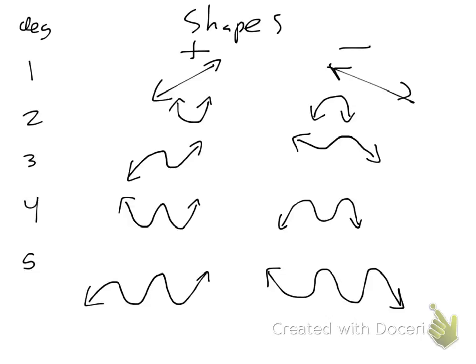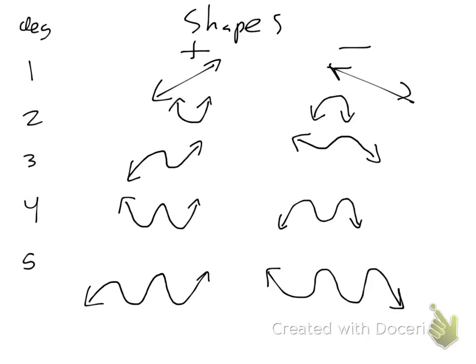So what the rule is, to figure out how many changes there are, think of first degree. First degree has how many changes? None. Second degree has 1 change. Third degree has 2 changes. Fourth degree has 1, 2, 3 changes.